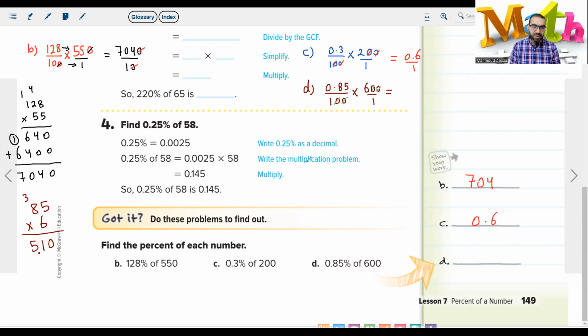So it's like 5.1. 5.10 is the same as 5.1. So up in the numerator, it's 5.1. Down, 1 times 1 is 1. So the final answer is 5.1.